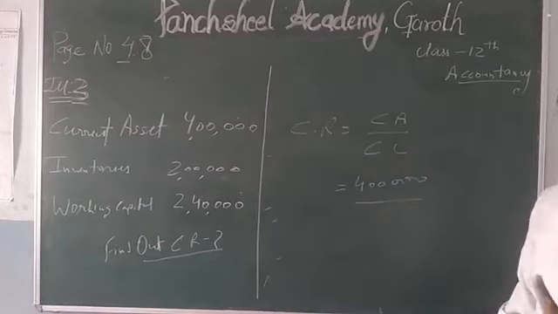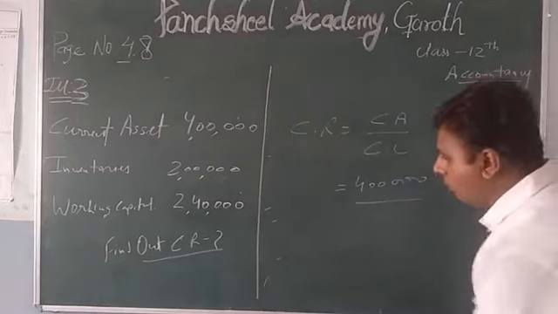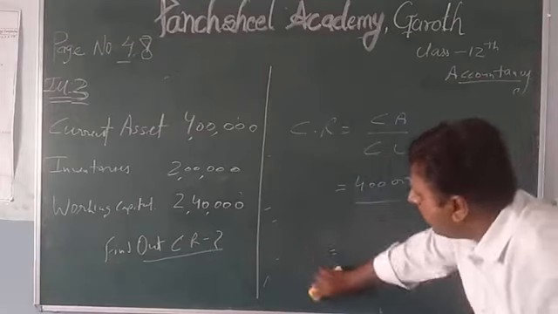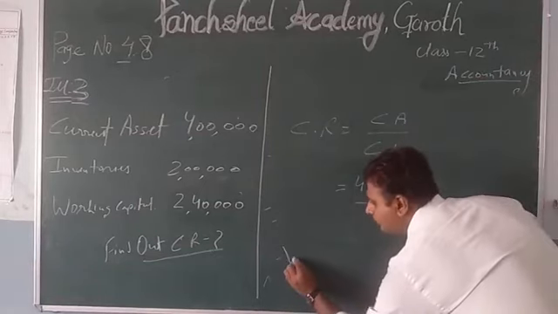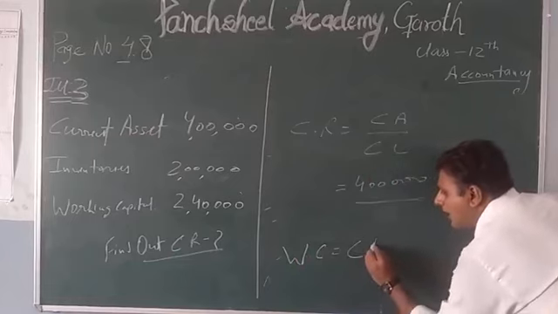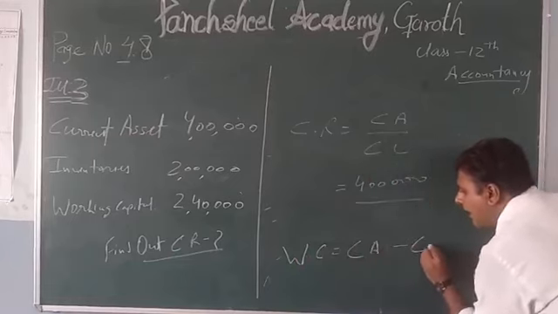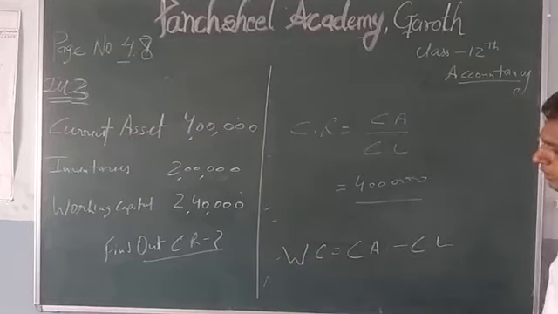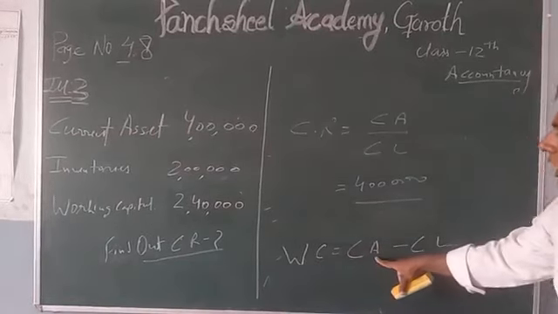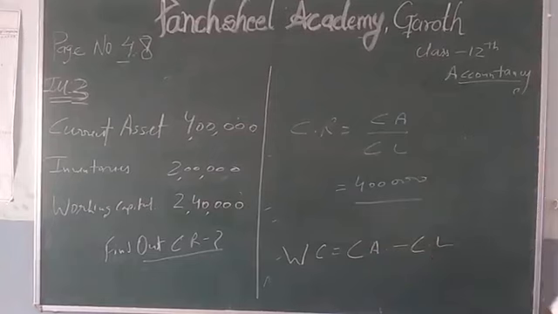I have already discussed one of the formulas. Working capital is equal to, I am writing it again, current asset minus current liability. Learn this formula very well. Working capital is equal to current asset minus current liability.